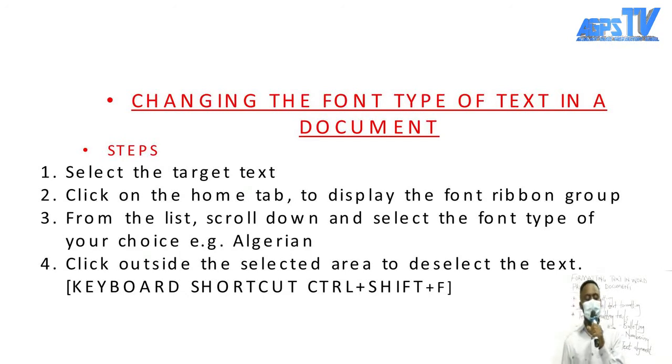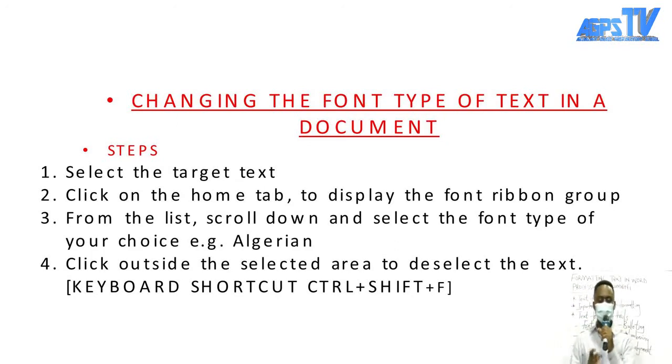This was displayed in the video we showed. Then step 4, you click outside the selected area to deselect the text. You can also use Ctrl plus Shift plus F, the keyboard shortcut to display the font dialog box.